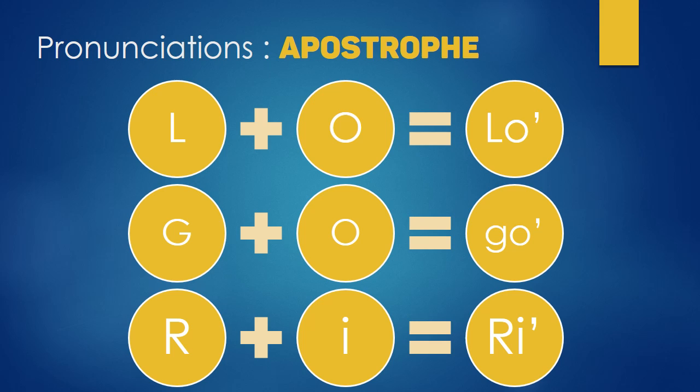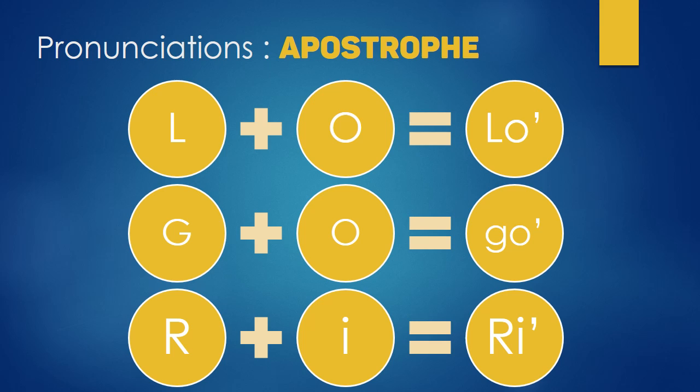And then the next one is g, and the third one is ri. It's not only those three letters.